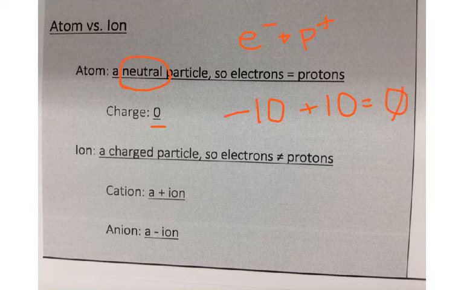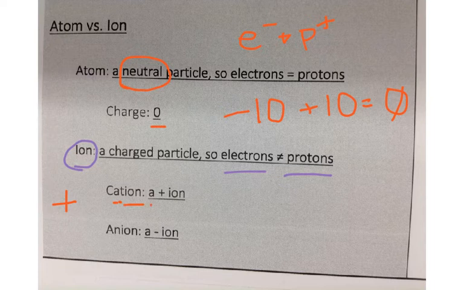An ion, on the other hand, is a charged particle. So the electrons do not equal the protons. They do not cancel one another out. A cation, if you break it down, you can say "cat", and instead of a T, you can think of a plus sign, ion. So it's a positive ion.